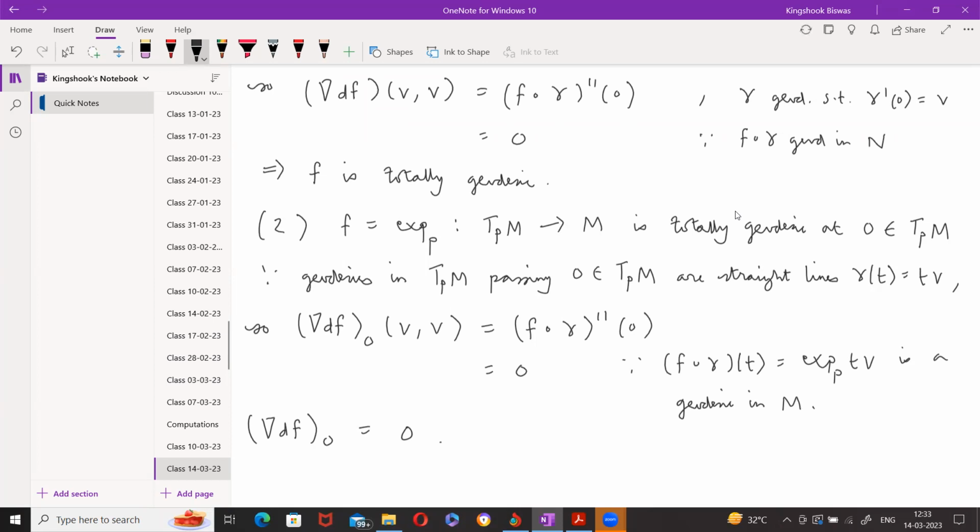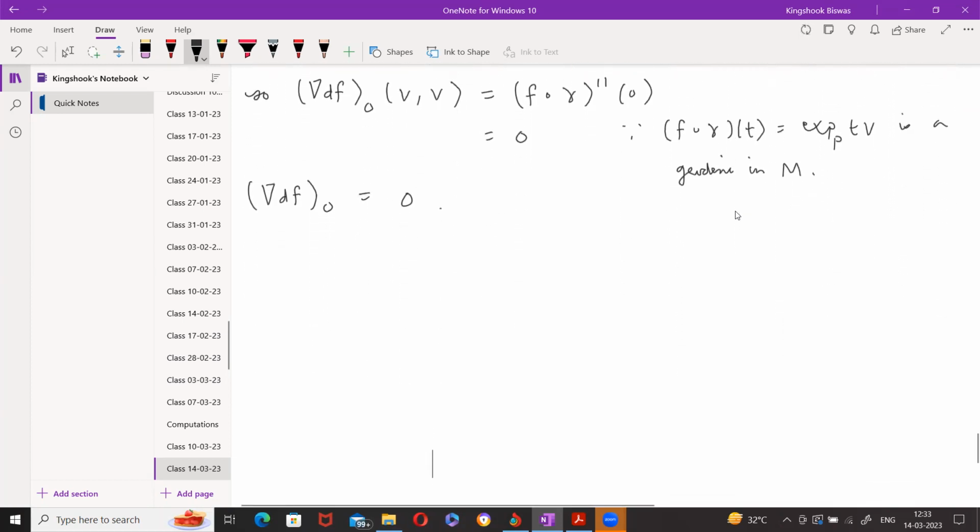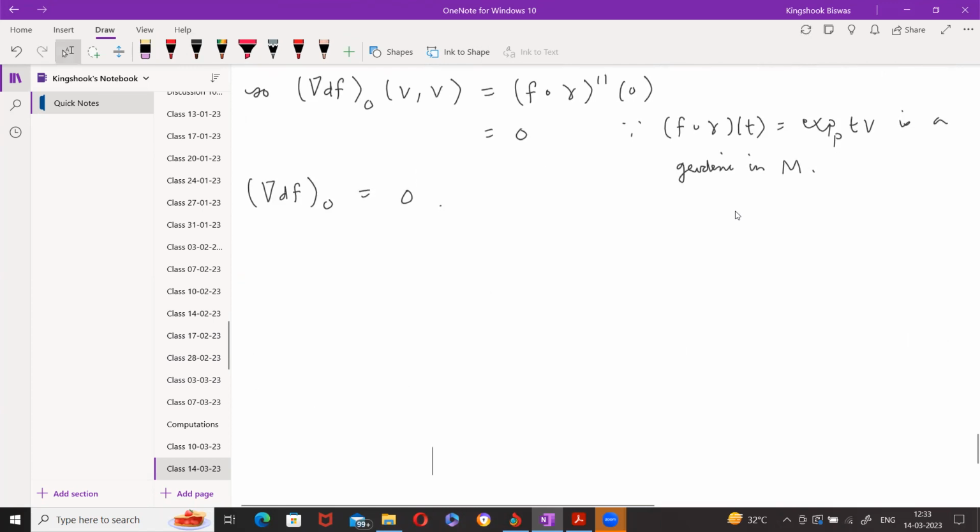Now, this we can use to prove something I was mentioning last time, that the tension field I can compute as a Laplacian of a vector valued function.